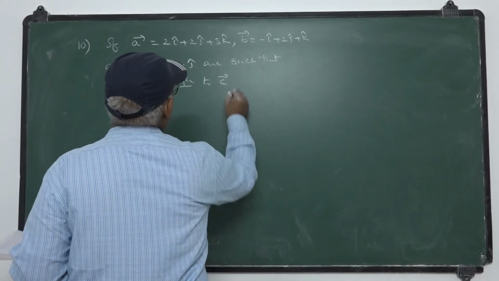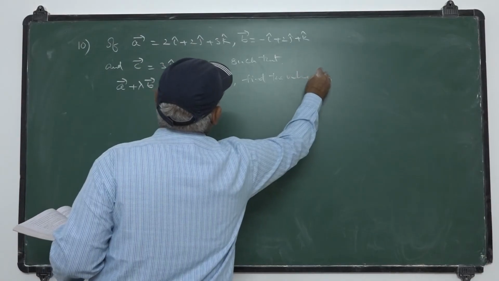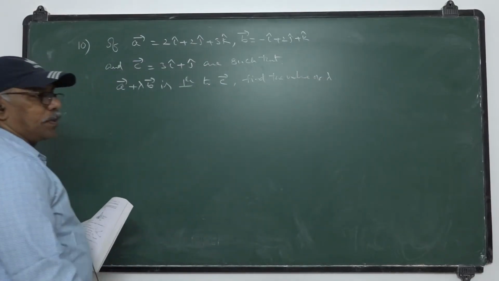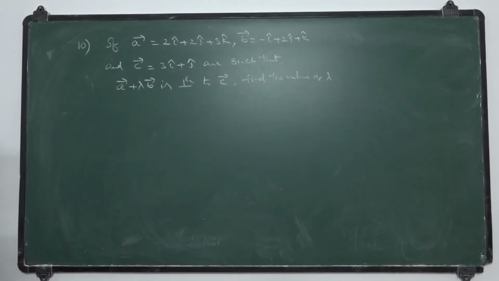Find the value of lambda. Once a bar plus lambda b bar is perpendicular to c bar, find the value of lambda here.